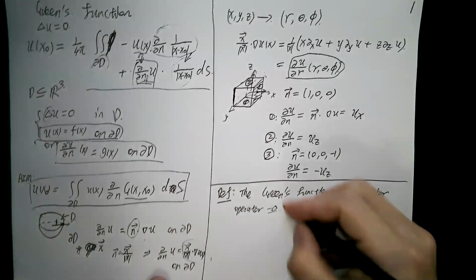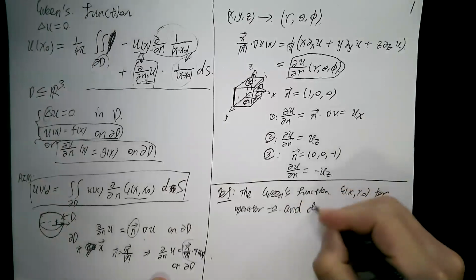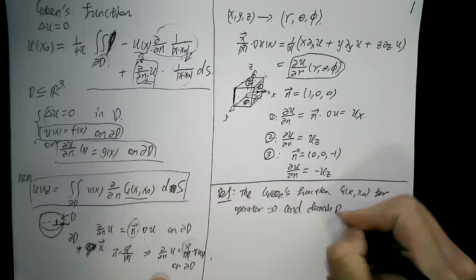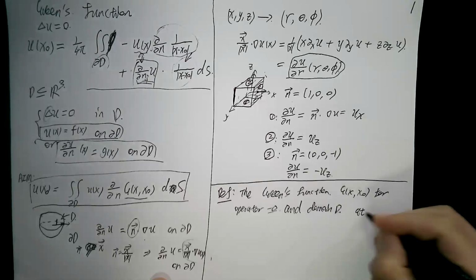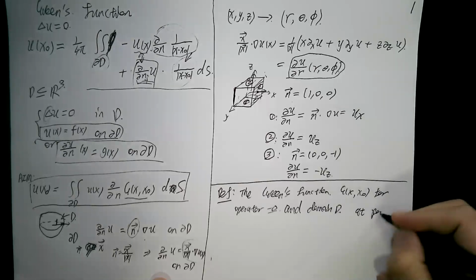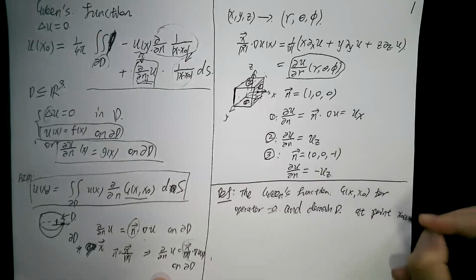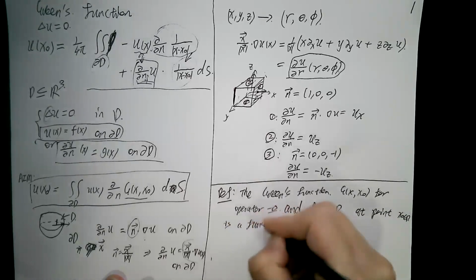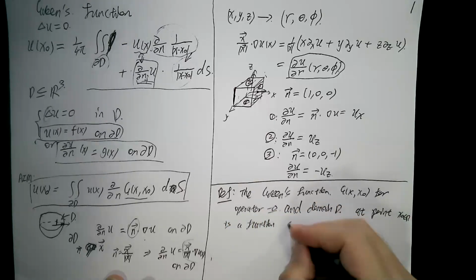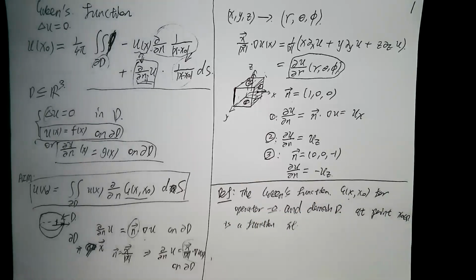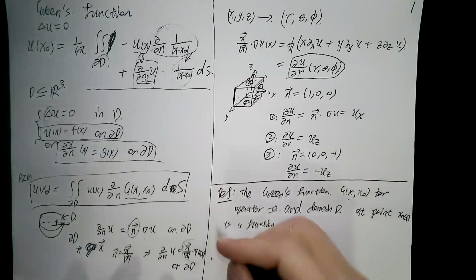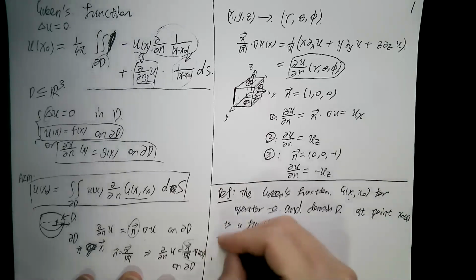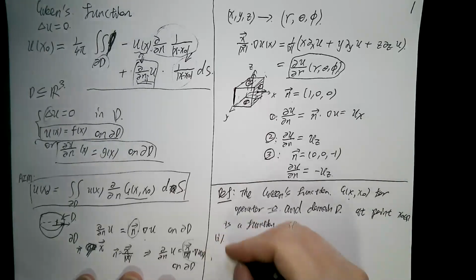So we have the operator and the domain D. The Green's function at point x0 in D is a function of x and x0, where we assume x0 is a fixed point. It is a function such that it satisfies the following three conditions.